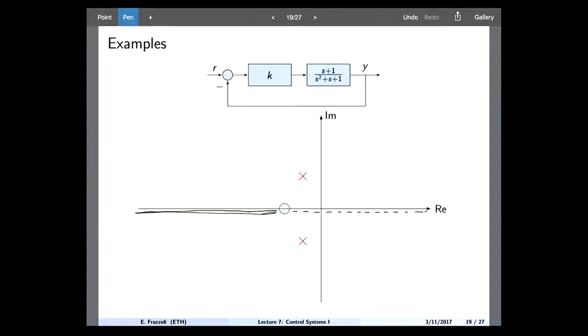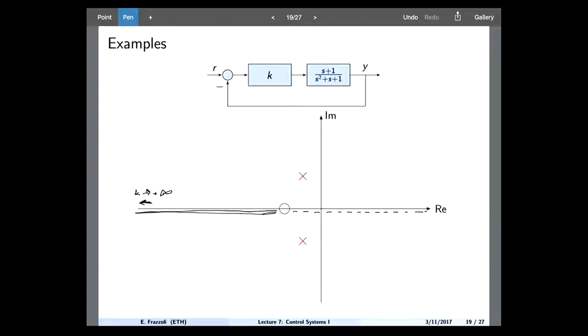So I know that for k goes to plus infinity, I have one pole that will go in this direction. Where does the other pole go? The other pole will go to the zero. So we know that for k goes to infinity, the poles will go either to the open loop zeros or to infinity along one of these asymptotes.